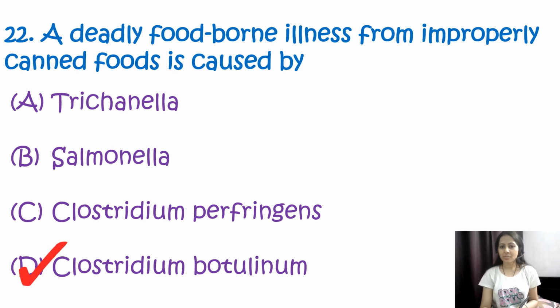Just now we read that it is a bacteria that can produce a potent neurotoxin under anaerobic conditions, that is under low oxygen conditions, such as in improperly canned or preserved foods. When these foods are not processed correctly, the spores of Clostridium botulinum can survive and grow, produce these toxins and cause botulism.